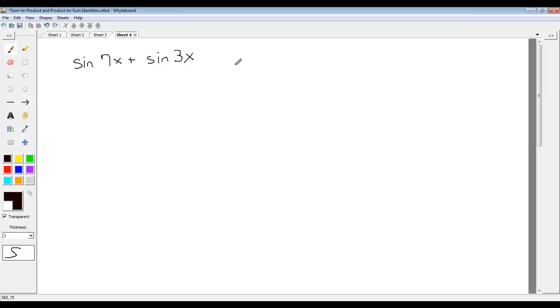Looking at our identities, what can we use?